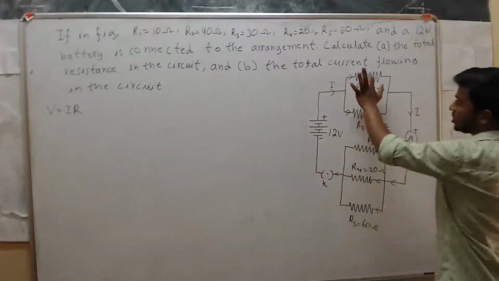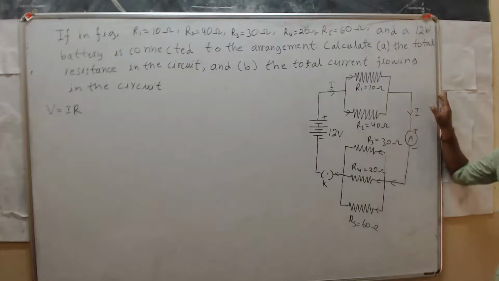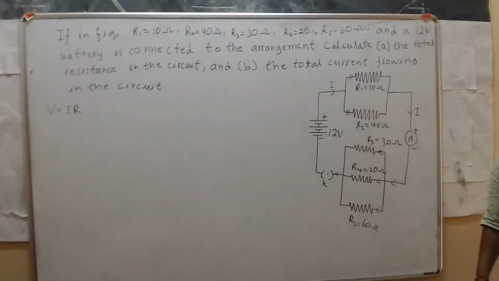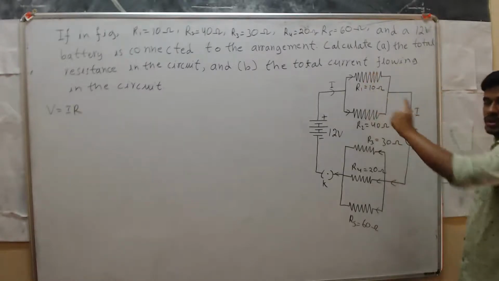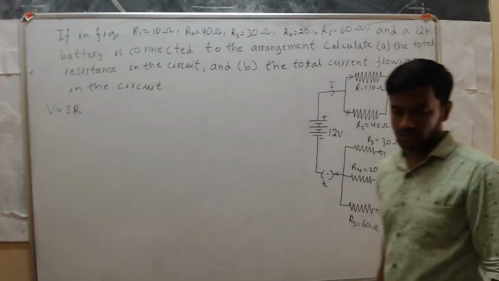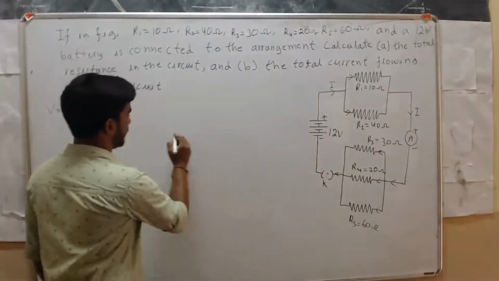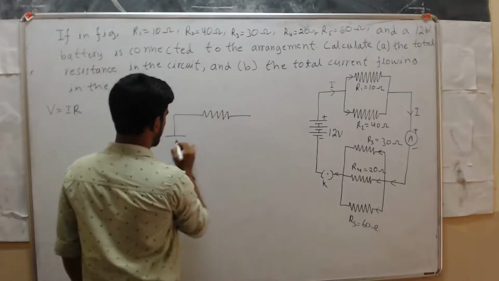Now, see, these two are in parallel. These three are in parallel. But what about this combination and this combination? Okay, when you solve these two, it will become one. See here, when you solve these two, then it will become one, right?